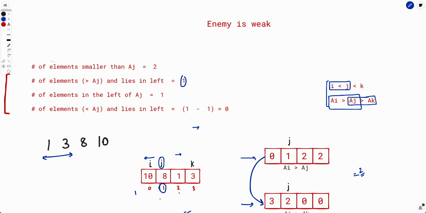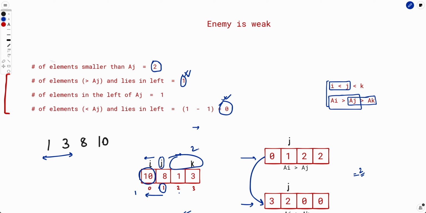There is only one element in the left, and you already know that this one element is greater than aj. So the number of elements which are less than aj in the left would be 0, right? And the total number of elements which are less than aj is 2, and among these two, 0 elements lie in the left. So how many elements would lie in the right?